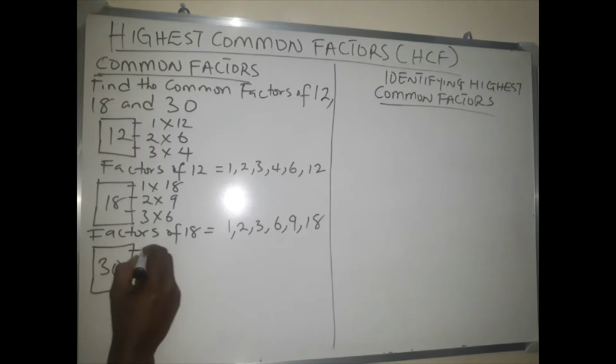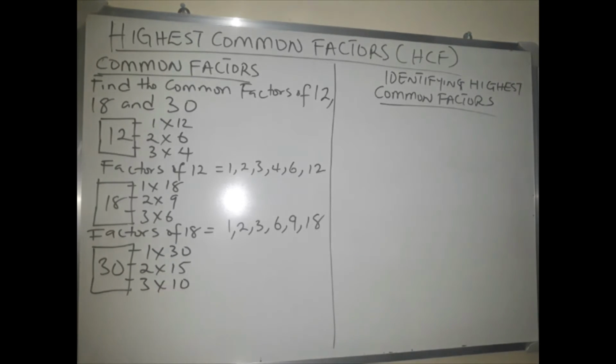And lastly, the factors of 30. There are 1 times 30, 2 times 15, 3 times 10, and 5 times 6.